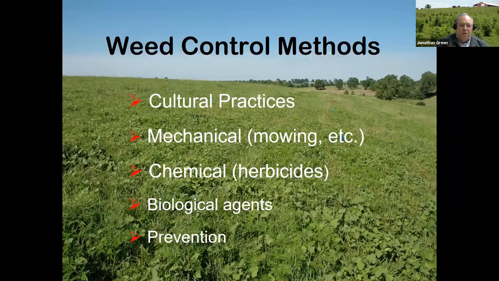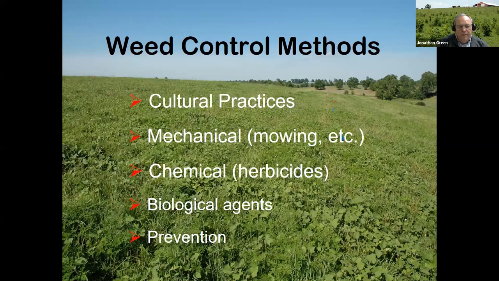But having said all of that, it's kind of identified our problem. What are the tools in the toolbox for control? Well, unlike our grain crops, where we depend a lot on herbicides as our primary tool for control, I think for weed control in our forage-based crops, we have a number of different tools in the toolbox that we can utilize and should be utilizing for controlling some of these unwanted plants. And here's kind of my quick list of those, and I'll go into detail a little bit more in a moment.